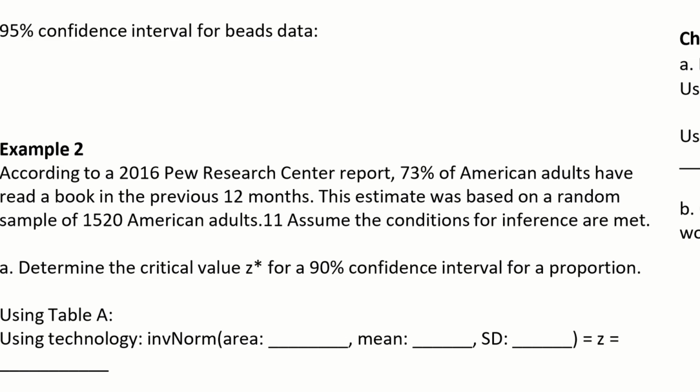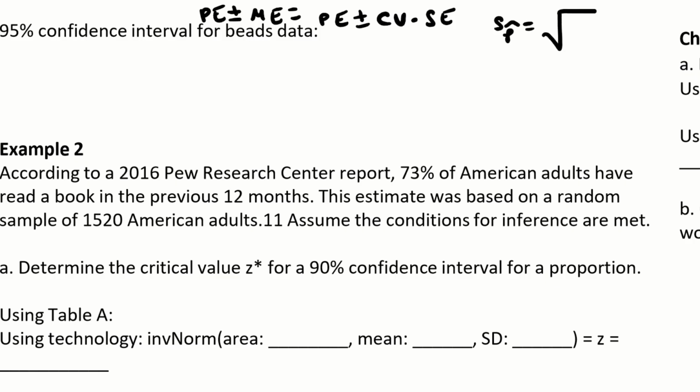All right, so remember it's point estimate plus or minus margin of error. And the margin of error is the critical value times the standard error. And remember that the standard error is given by this formula, right?